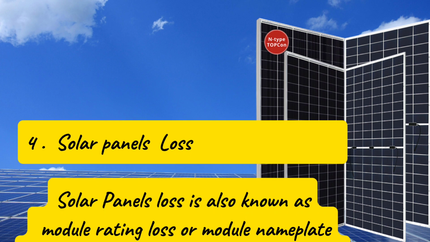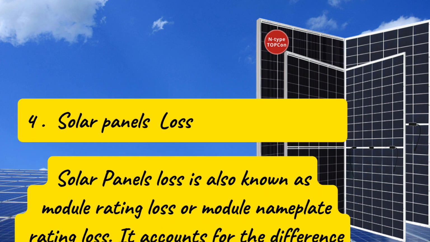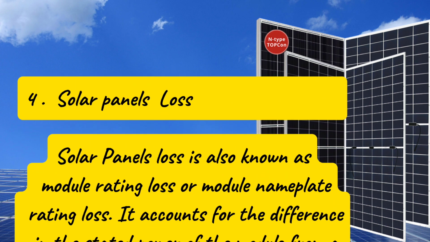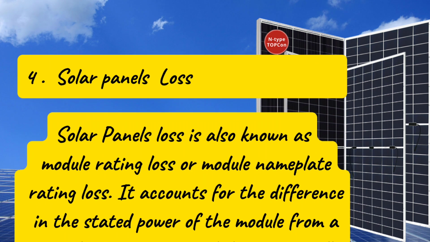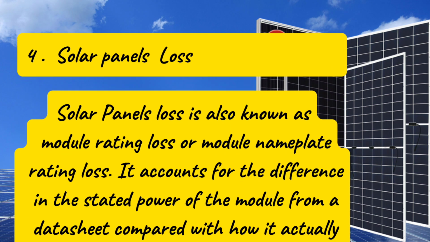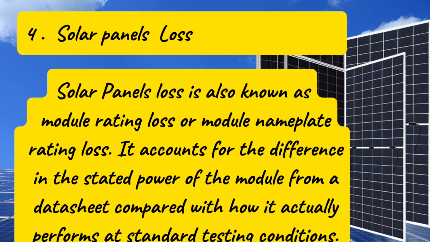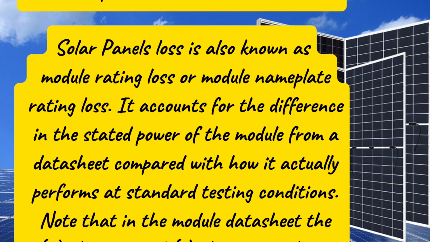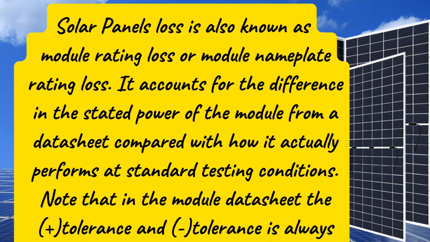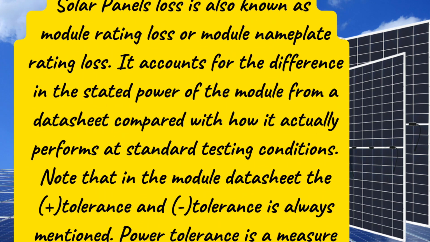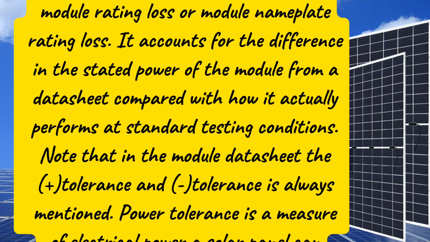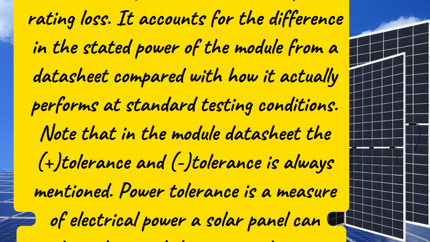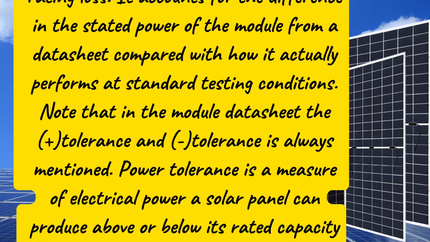Module quality loss. Module quality loss is also known as module rating loss or module nameplate rating loss. It accounts for the difference in stated power of the module from a data sheet compared with how it actually performs at standard testing conditions. In the module data sheet, the positive tolerance and negative tolerance is always mentioned.